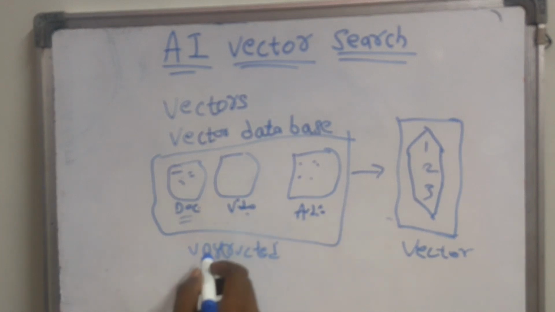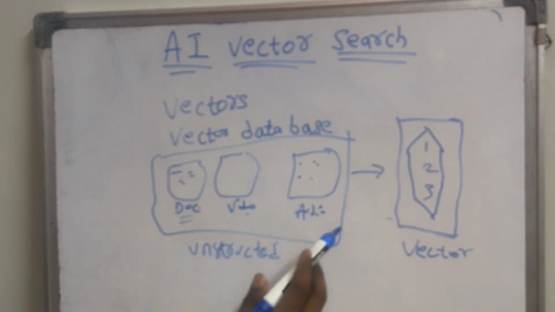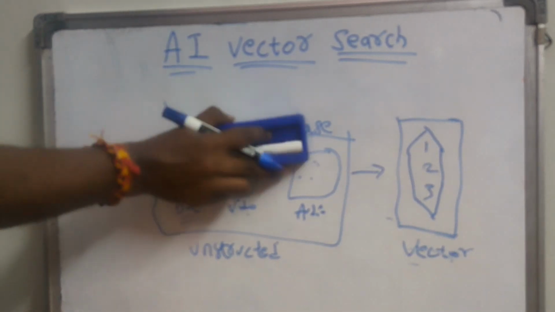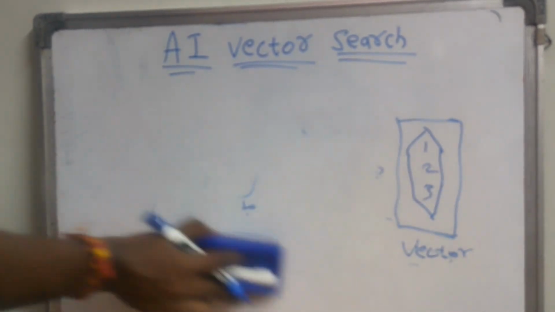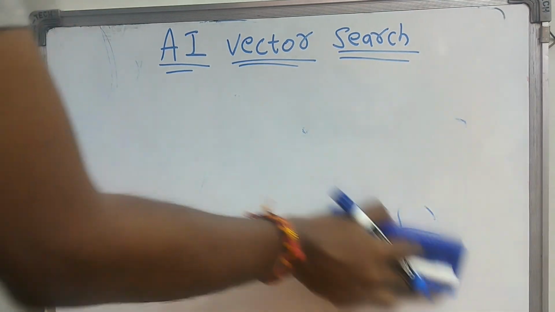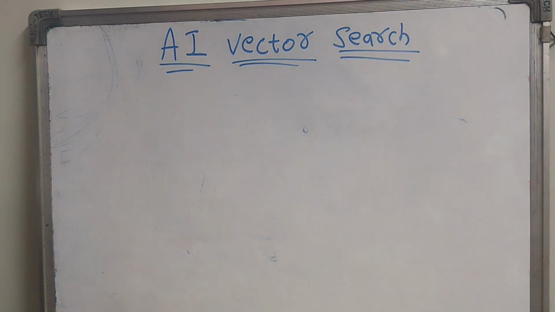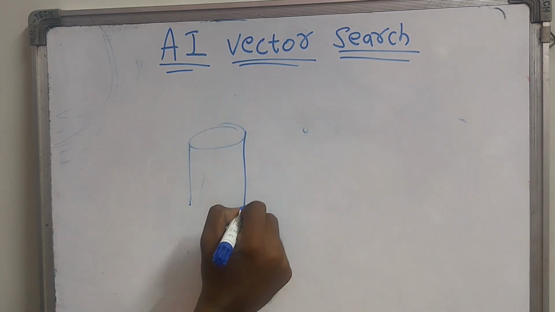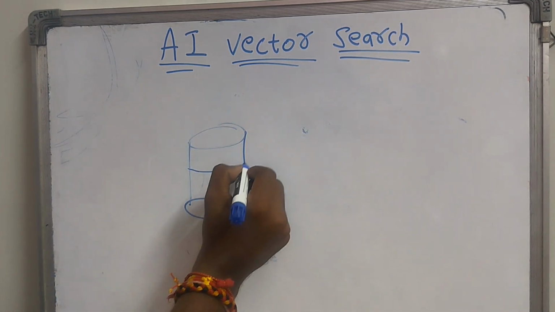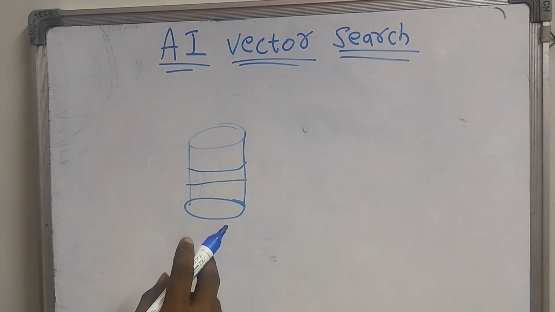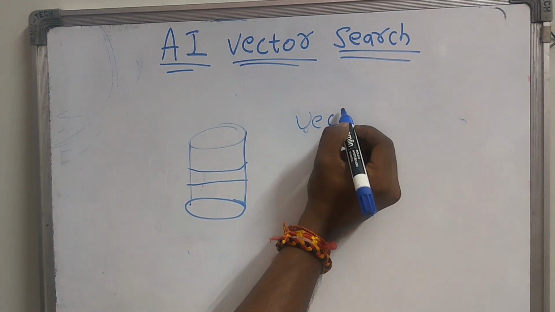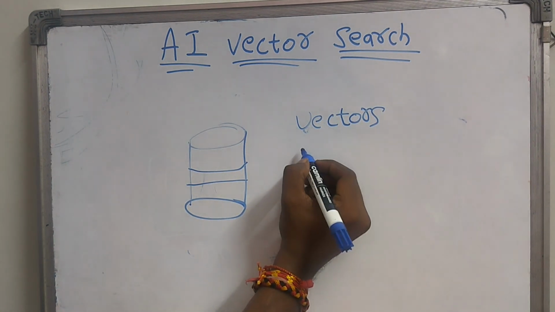So at this moment we have unstructured data that has been converted into the vector representation, and now we have the data.